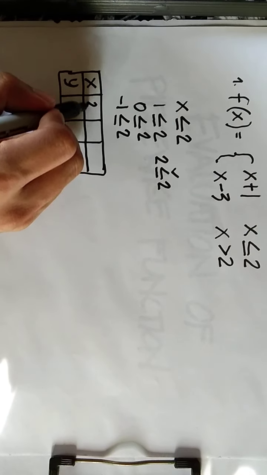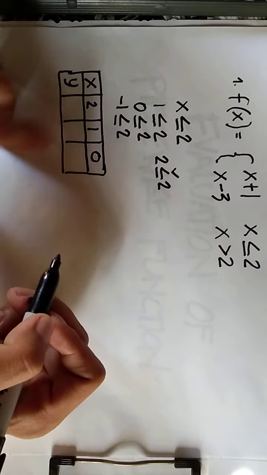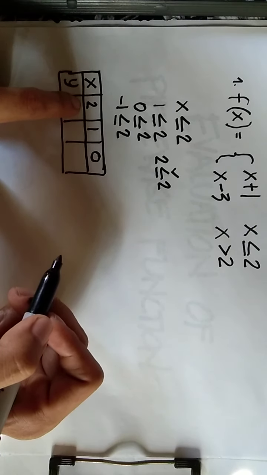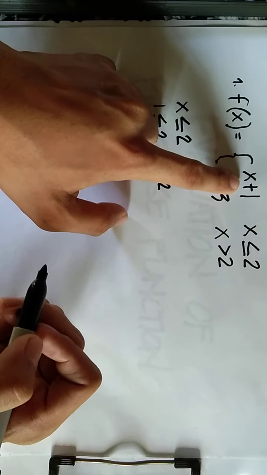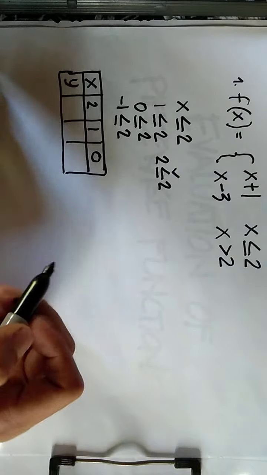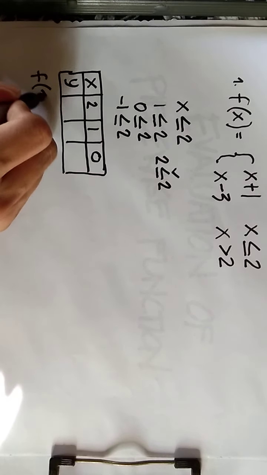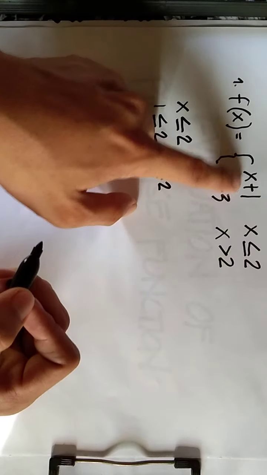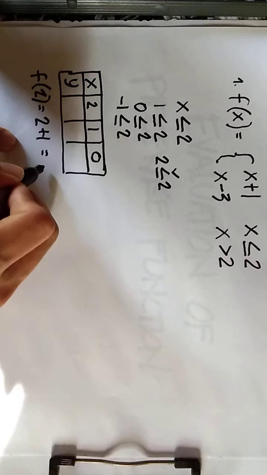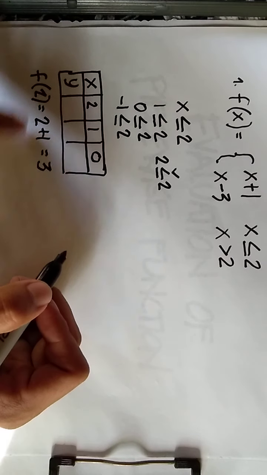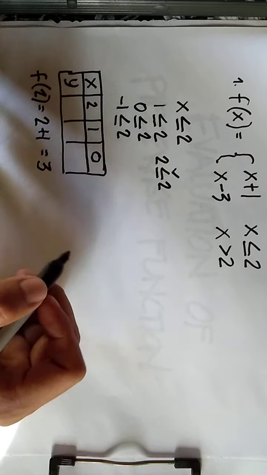So, pwedeng 2, pwedeng 1, and then pwedeng 0. And then, isa-substitute lang natin yung given natin na x, 2, 1 and 0, doon sa ating first function, which is x plus 1. So, we will have f of 2 is equals to x plus 1. So, we have 2 plus 1, which is equal to 3. So, for x is equal to 2, we have 3.